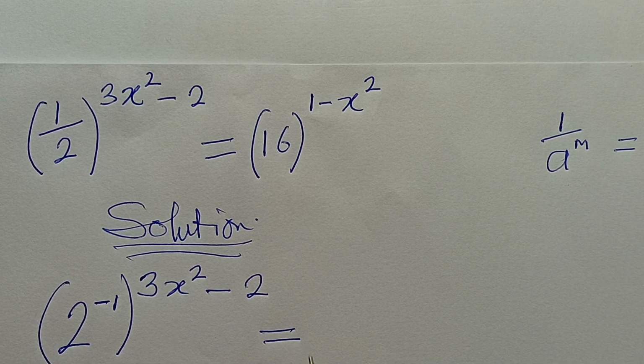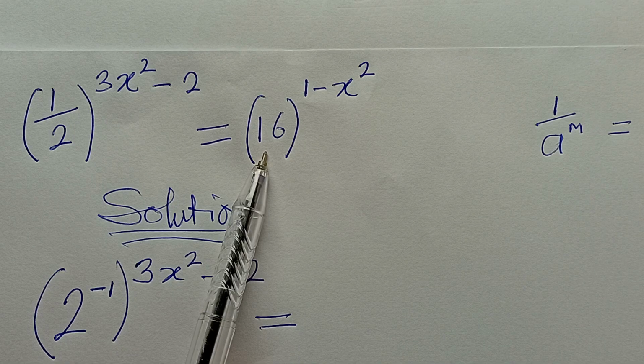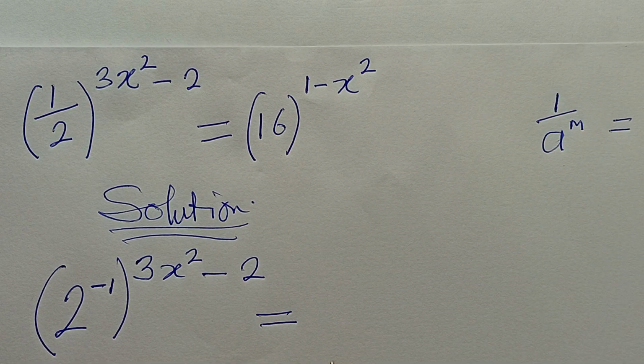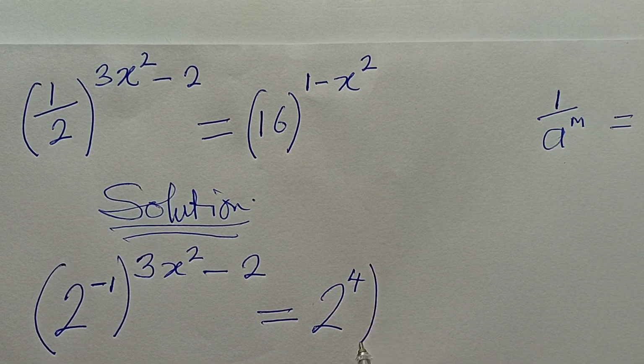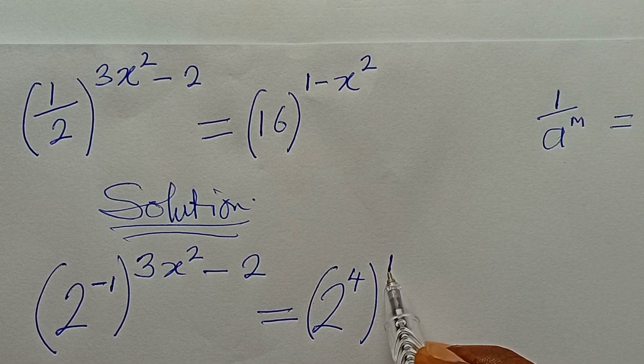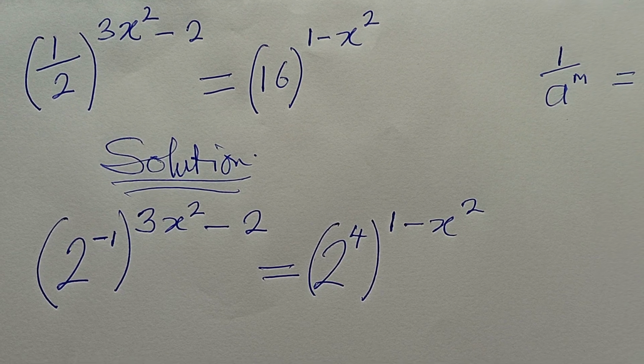This is equal to, here we have to express 16 in its lowest base, and 16 can be expressed as 2 to the power of 4. So we have here (2^4) raised to 1 − x².